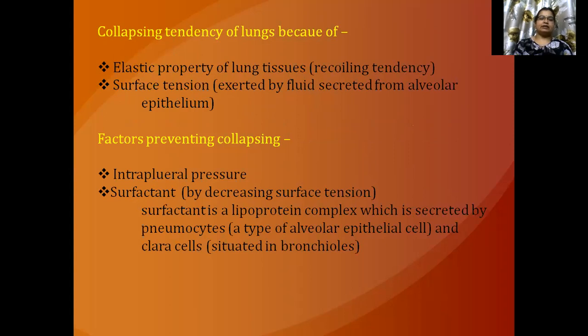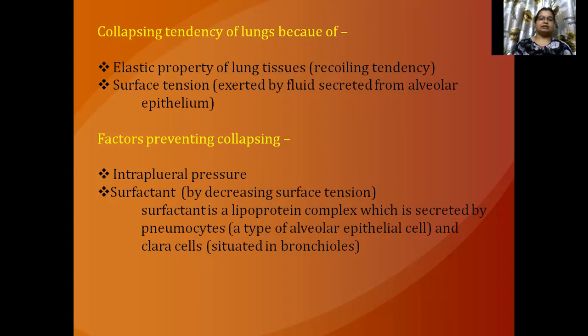There is a tendency of the lungs to collapse because of the elastic property or recoiling tendency of lung tissue and surface tension exerted by fluid secreted from the alveolar epithelium. But there are some factors which prevent collapsing of the lungs. These are intrapleural pressure and surfactant.